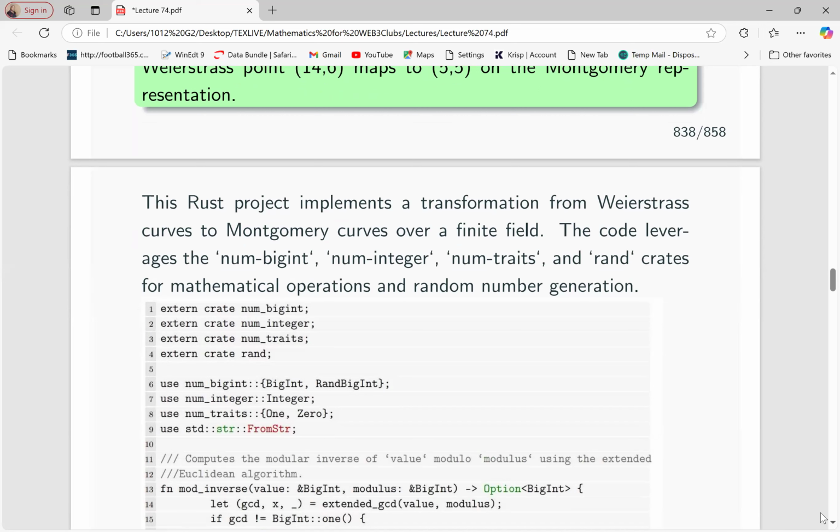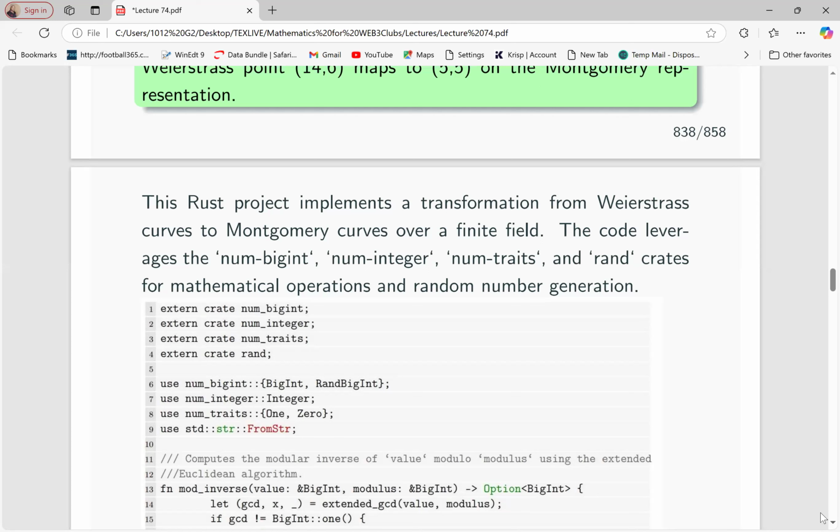Now, the Rust code that I've been referring to, this one converts a point from short Weierstrass to Montgomery. Then, of course, we have one that converts from Montgomery to short Weierstrass.